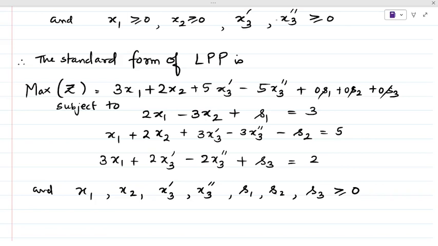So this is the standard form of the LPP. Let us see one minimization type of question and then we can stop. We will also have to see one equality constraint question, so that will help us to understand how to handle all these conditions, and then we can stop. If there is any different case, then we can handle it in the next video lecture.